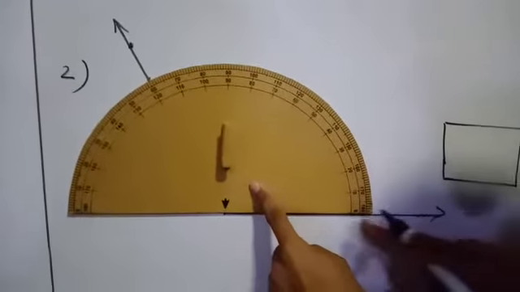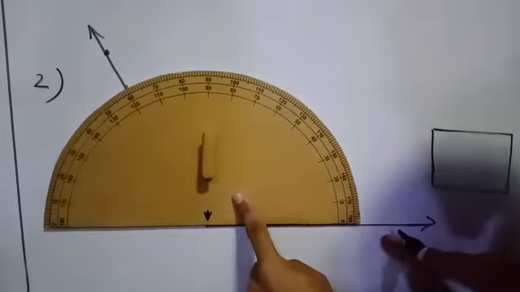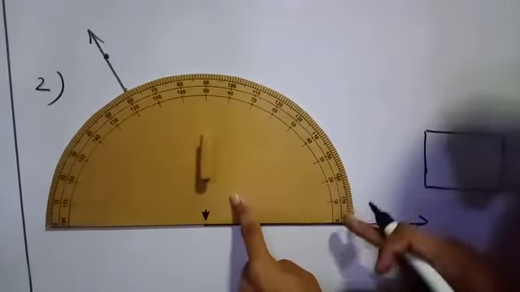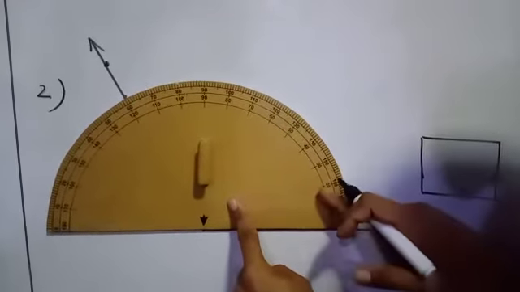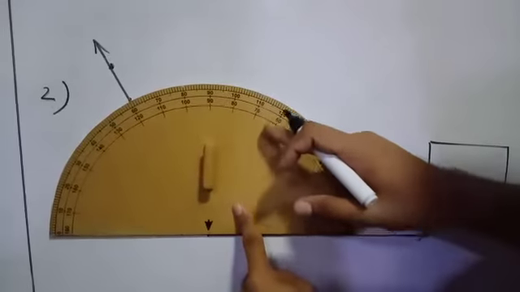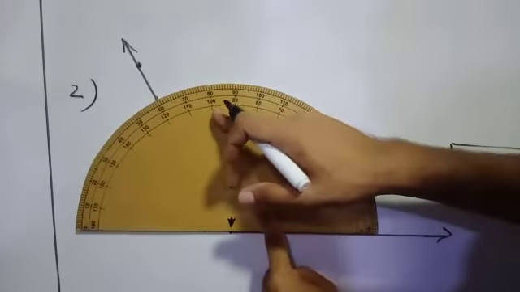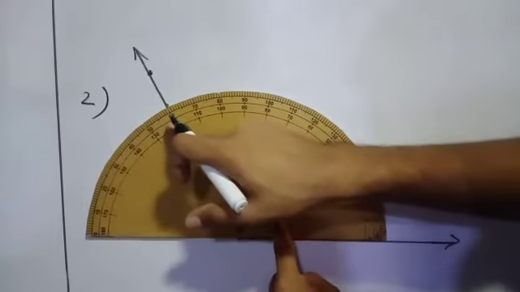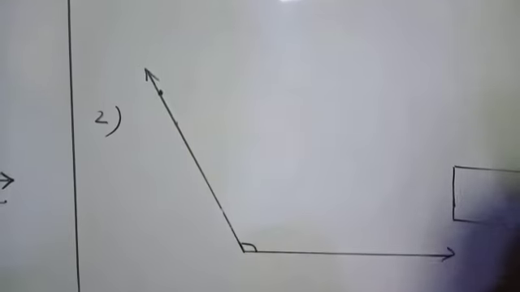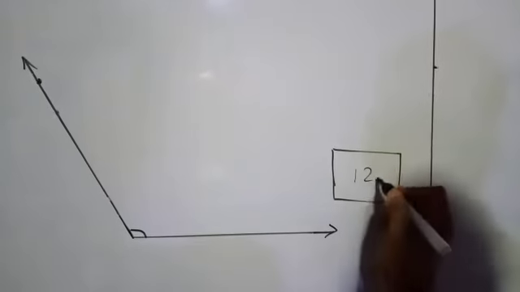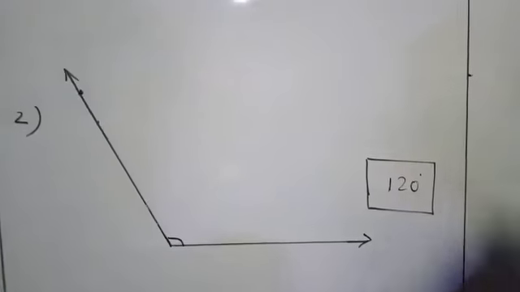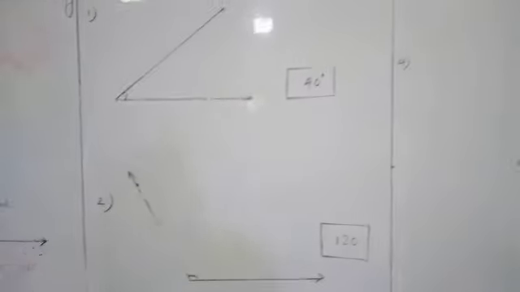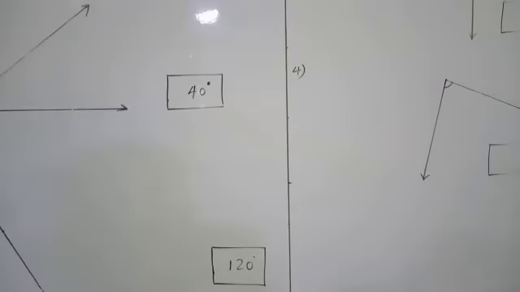No, we keep the protractor on this arm, so we have to start from here only. 0, 10, 20, 30, 40, 50, 60, 70, 80, 90, 100, 110, 120. The next arm meets at 120. So we can write here that 120 is the measurement of this angle. This way we are going to write.